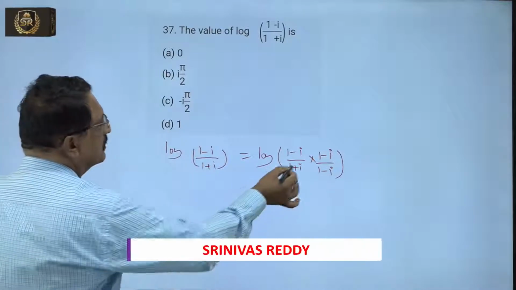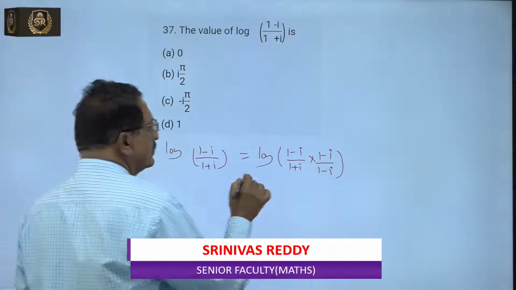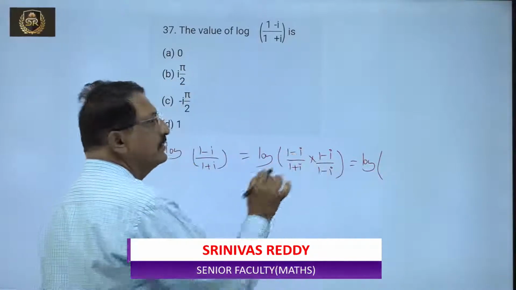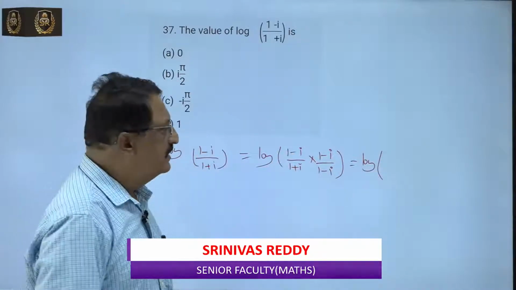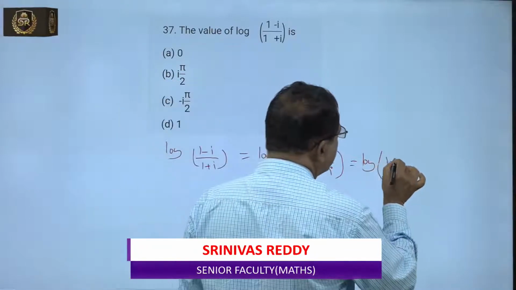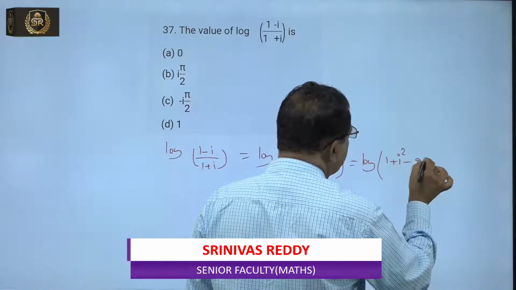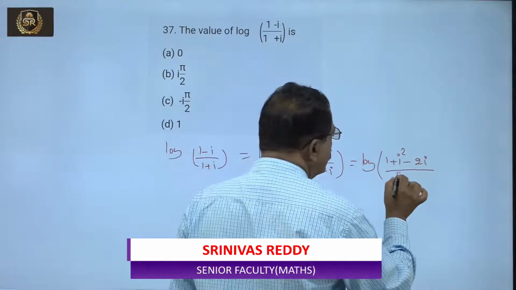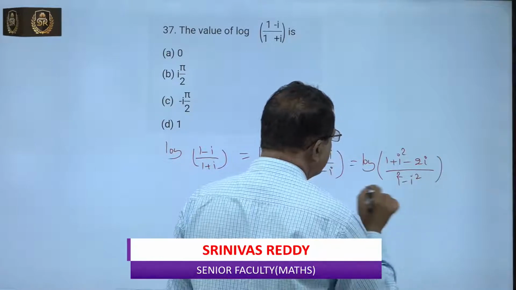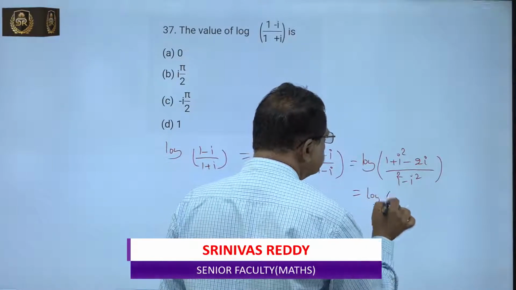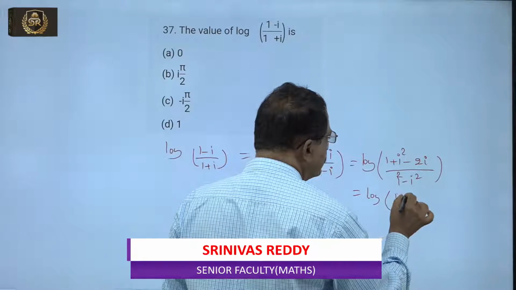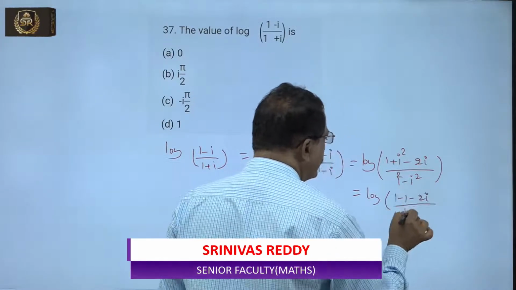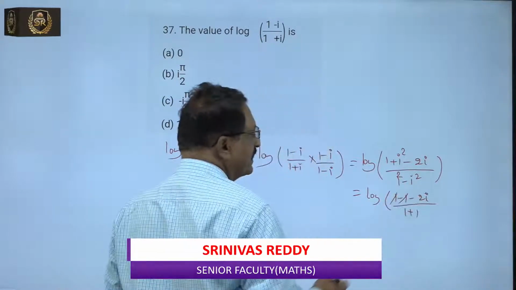We get log of numerator 1 minus i whole square, a minus b whole square, 1 plus i square minus 2i, by denominator a plus b into a minus b, a square minus b square, 1 square minus i square. That equals log of, i square equals minus 1, so minus 2i by denominator 1 plus 1, the minus 1 and plus 1 cancel.